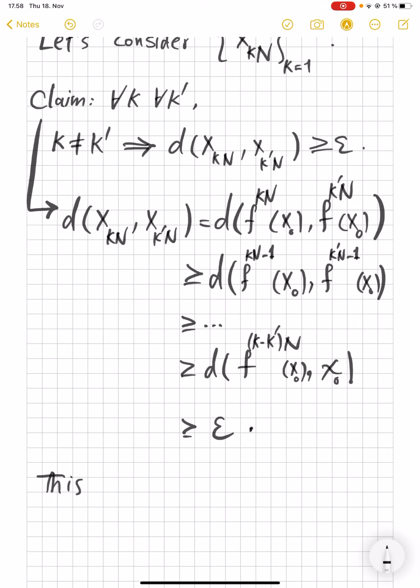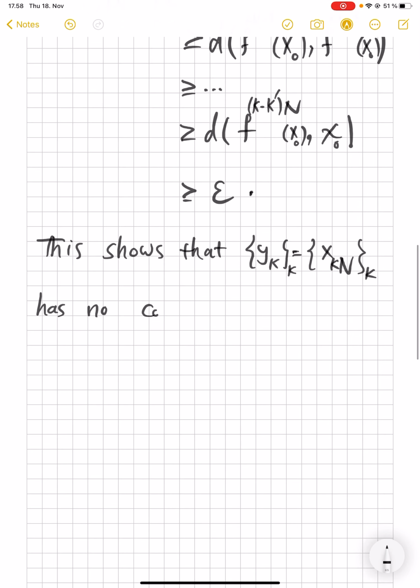What does this mean then? This shows that this subsequence y_k, where y_k is just x_{kN}, so this is indexed by k, has no convergent subsequence.